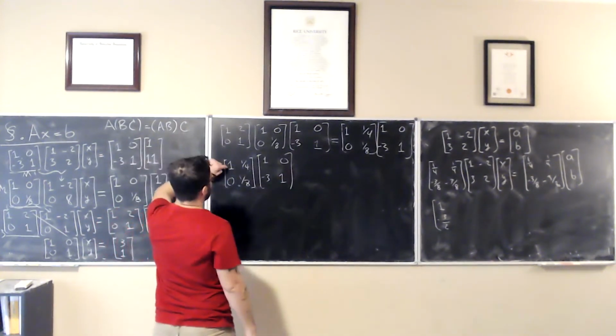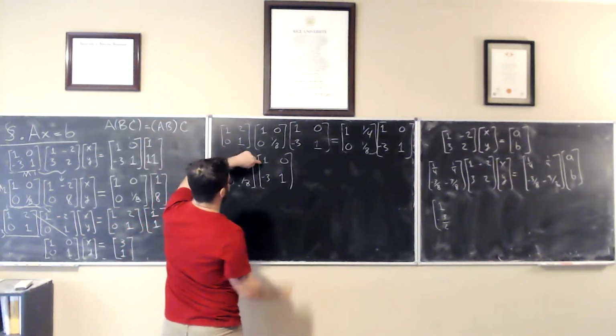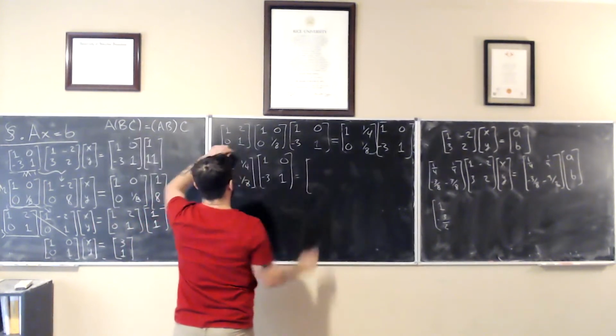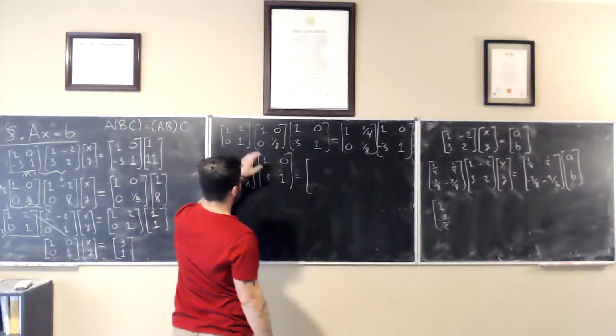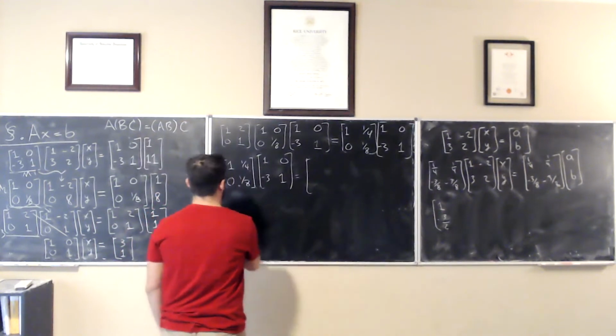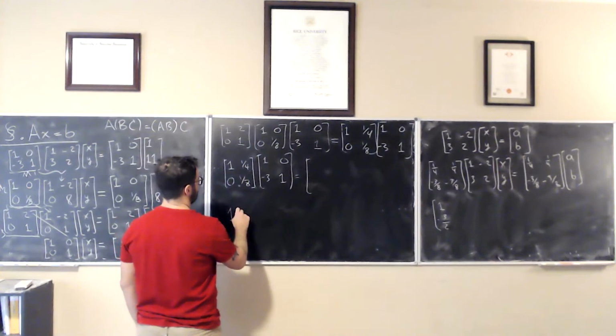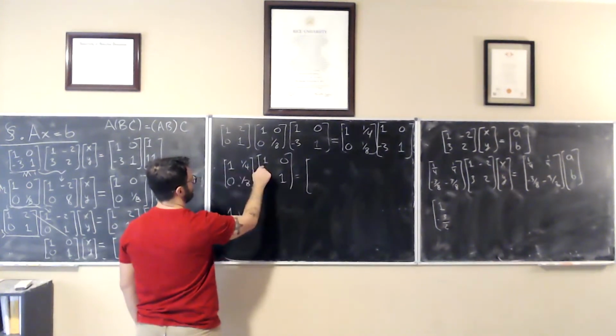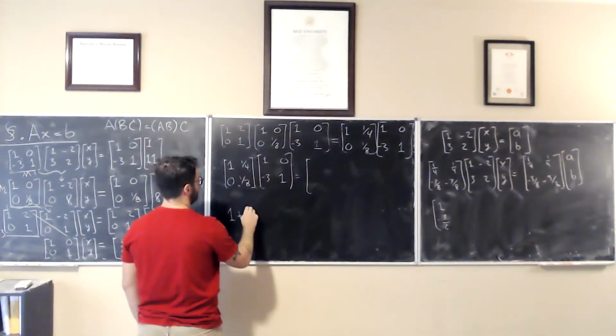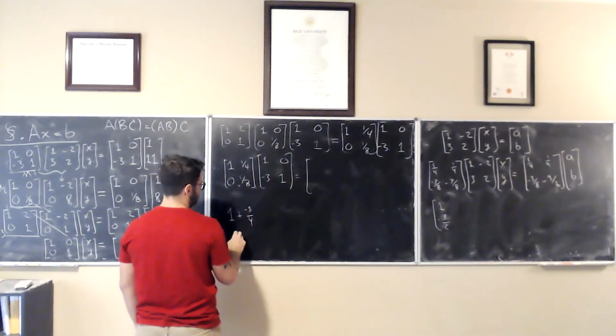Okay, so 1 of that row plus 1/4 of this row. So then we have 1 plus the 1 of that row plus 1/4 of that, so minus 3/4. Okay.